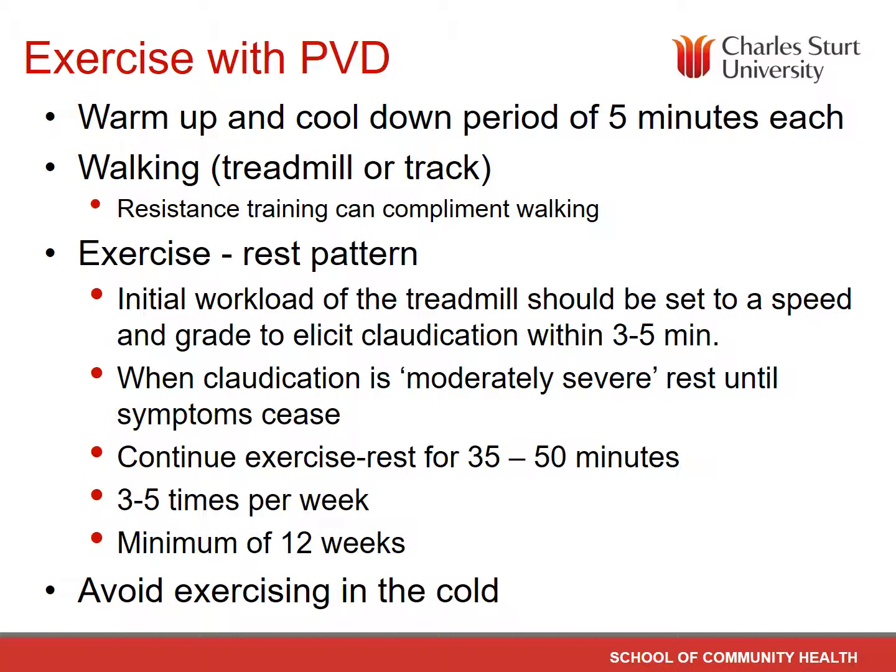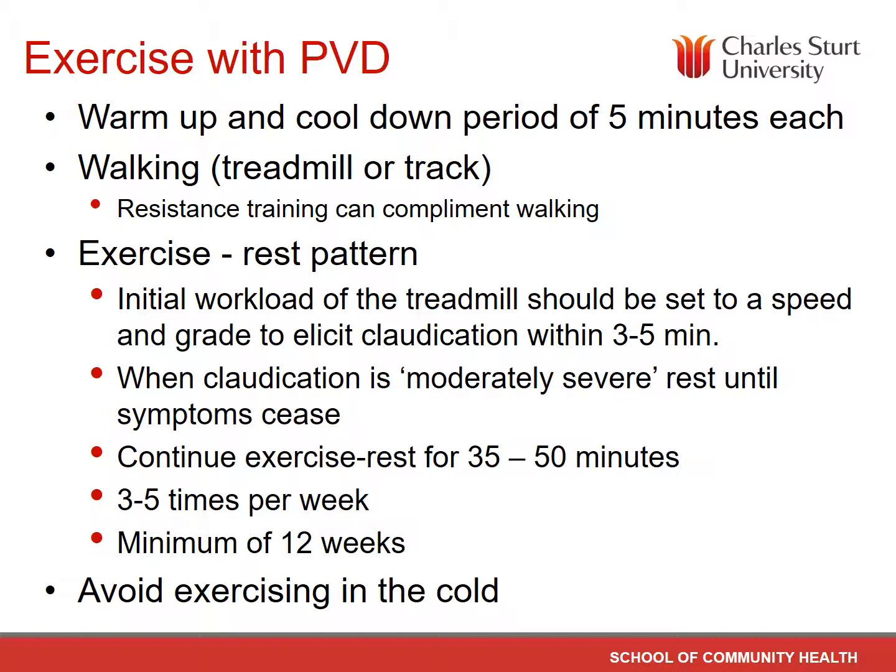The type of exercise is also important, so that work-rest interval style session. So working for a period of time, stopping, resting, just to gradually reduce the symptoms or make those symptoms not as harsh.